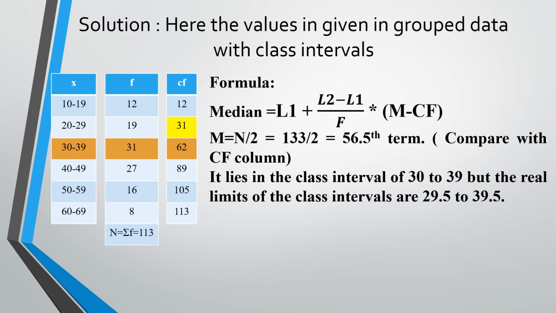So here, since it is not in the continuous form, the median class, that is 30 to 39, will be considered as the class interval 29.5 to 39.5.